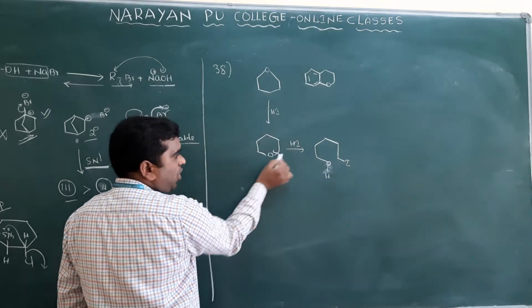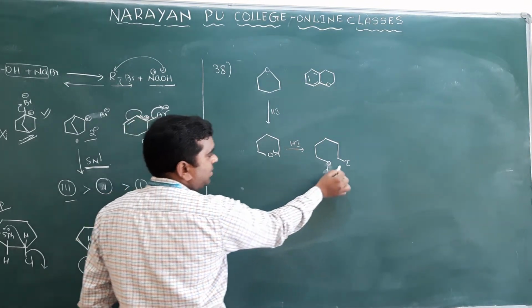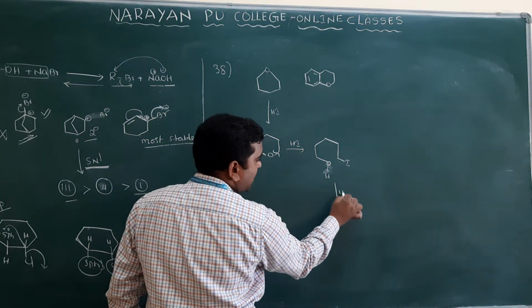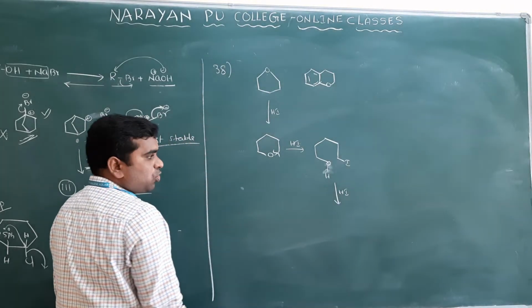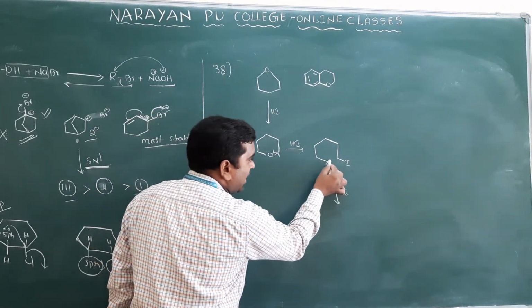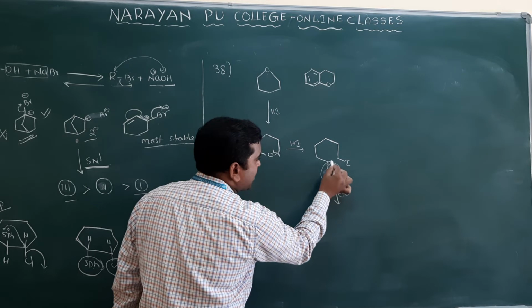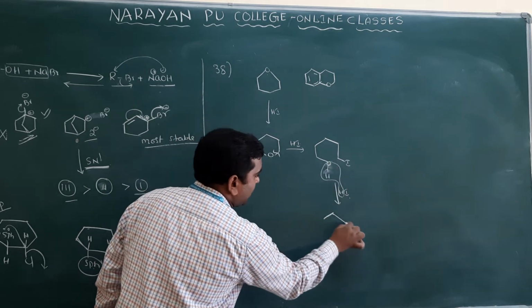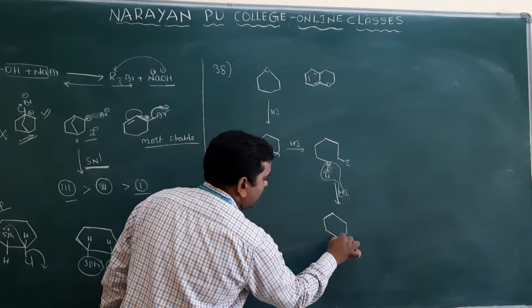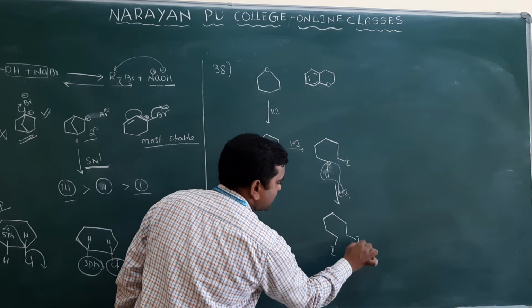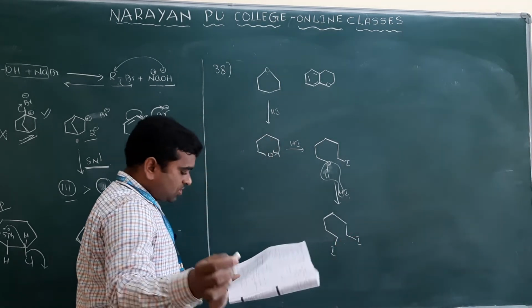H will be added to the oxygen and I will be added to this carbon. But we have taken excess amount. Excess amount means iodide should be the product, and OH and H will be removed as water. Iodine will be added here. Then you will get the compound, clear? This is iodine and this is iodine. Diiodide compound is formed.